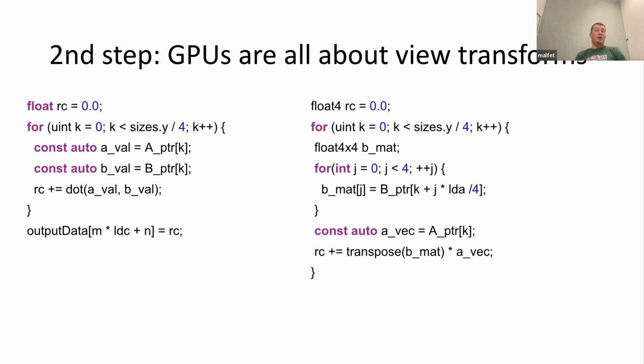I'm not sure. Probably all of them are mapped to the same 4x4 registers, and they just discard the results. That's something I don't know. But the language itself allows float 3x4, float 2x2. I'm not sure if you can have 1x4, or if it's always float4 and then you need to transpose.